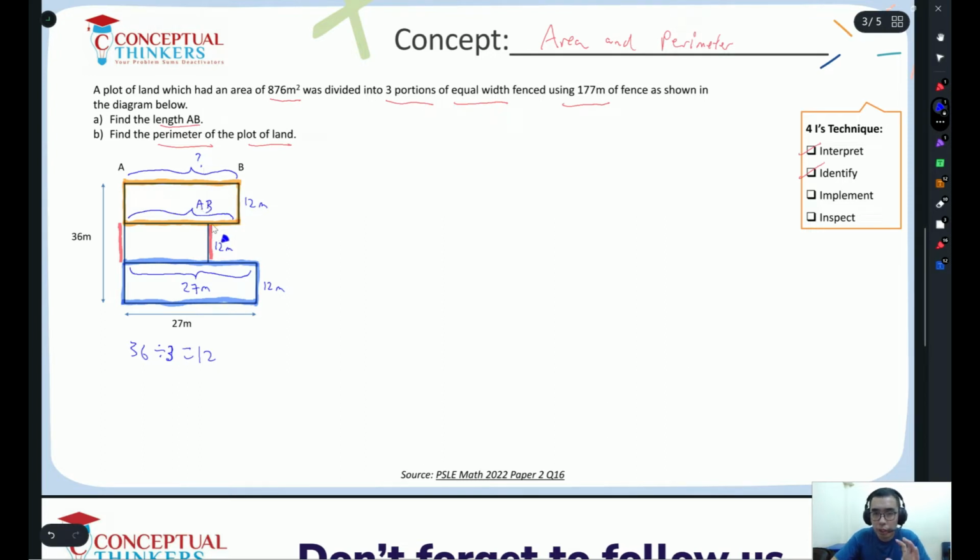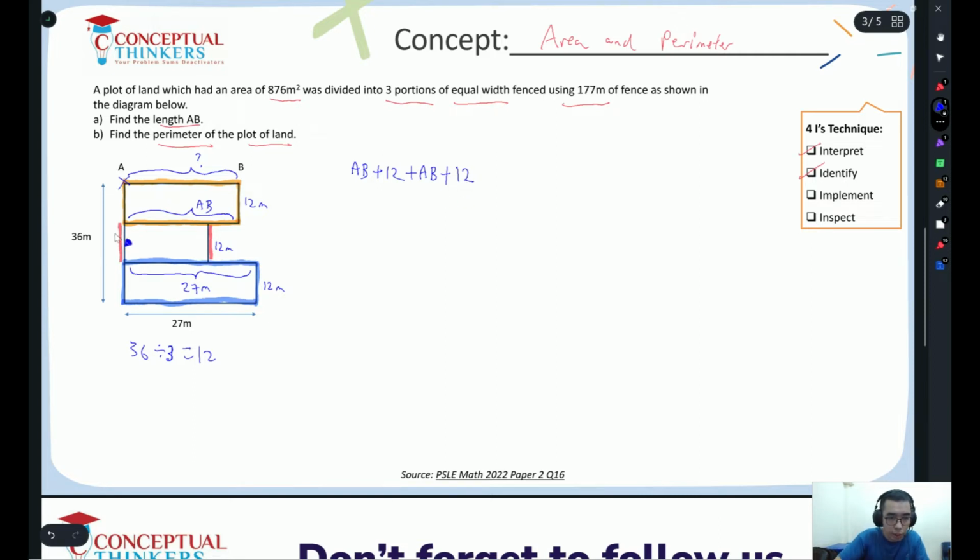With this we can start to link our fence, looking at the highlighter against this 177 meters. Let's start from this point here and move in a clockwise direction. We have AB, then I add 12, then I add another AB, plus another 12.